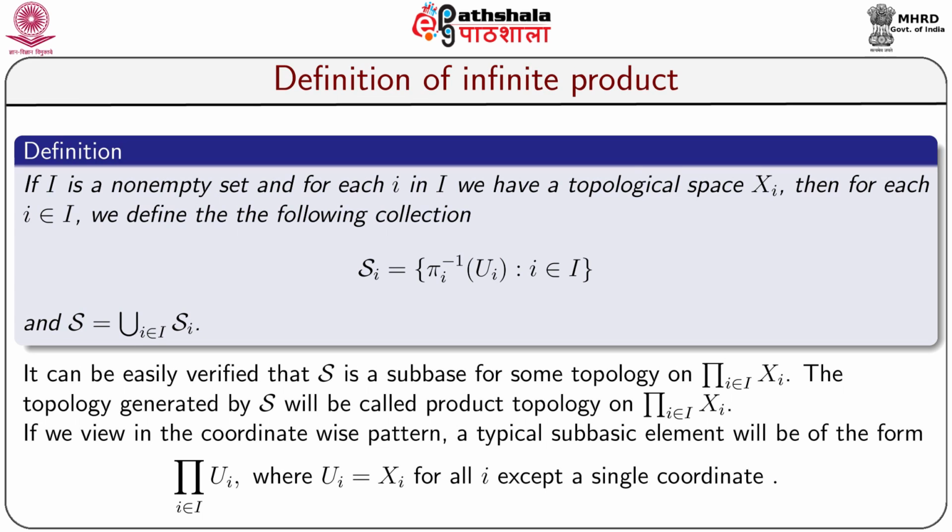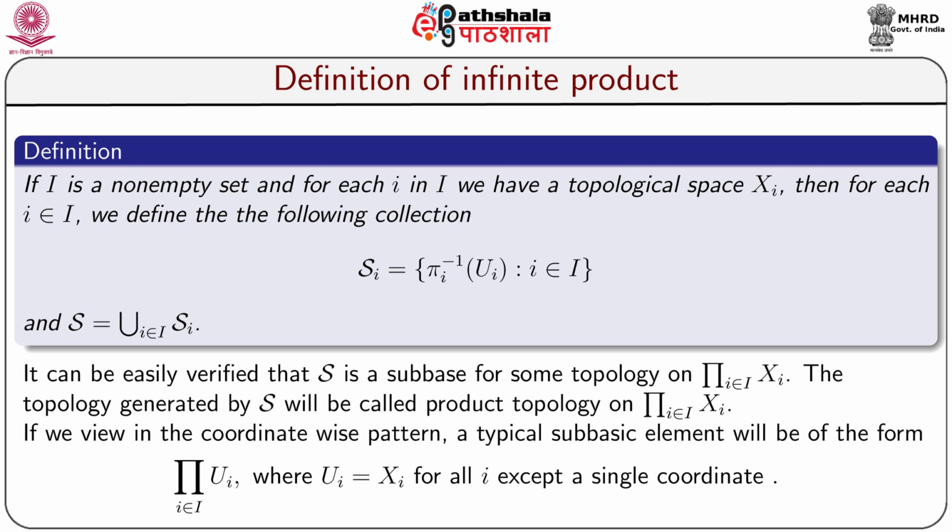Now it is easy to observe that S is a subbasis for some topology on the product of X_i, because if we take any point in the product of X_i, then we will get a member from script S which will contain that point. The topology generated by script S will be called the product topology on the product of X_i.